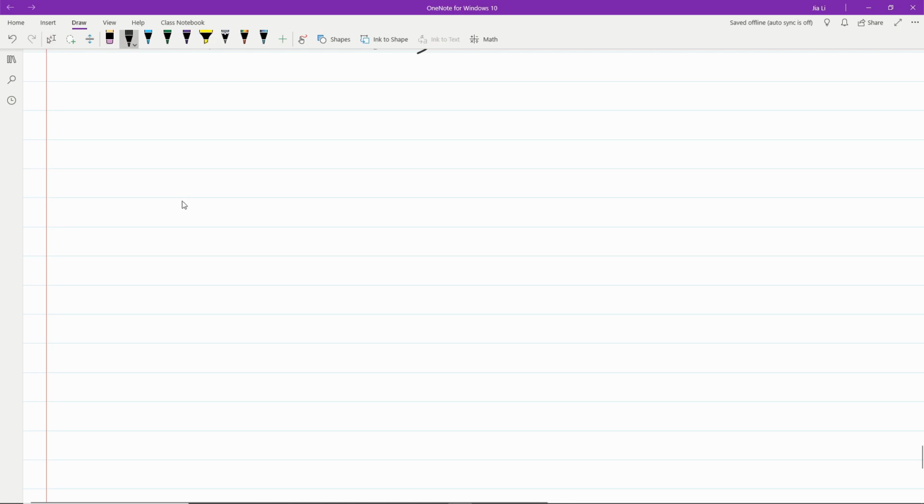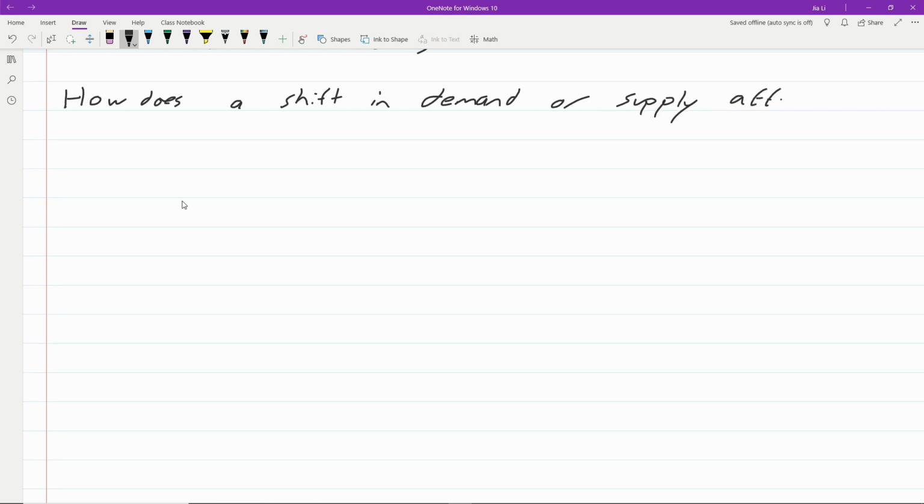The main thing that we're looking at is again, how does a shift in demand or supply affect the equilibrium price and equilibrium quantity in our demand and supply model?